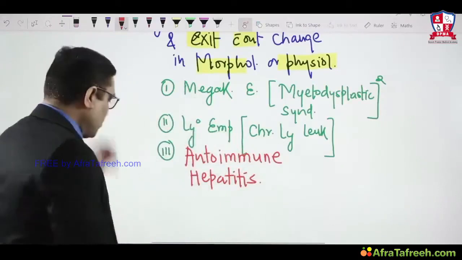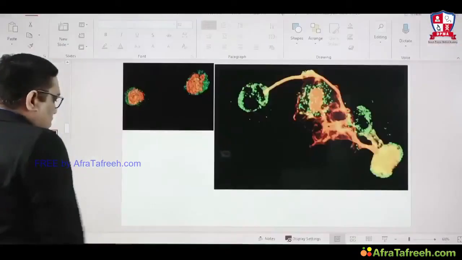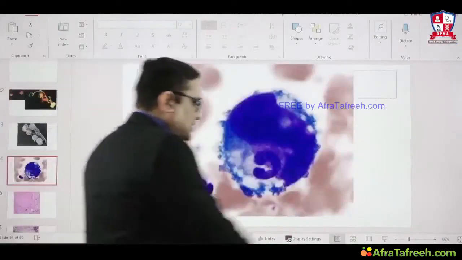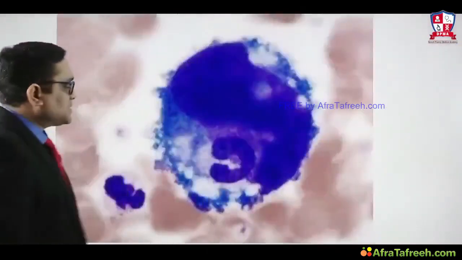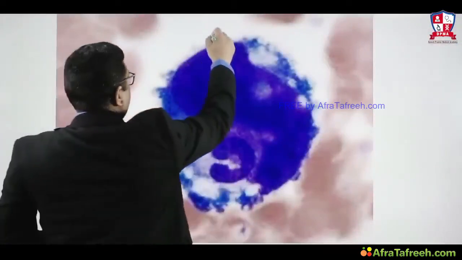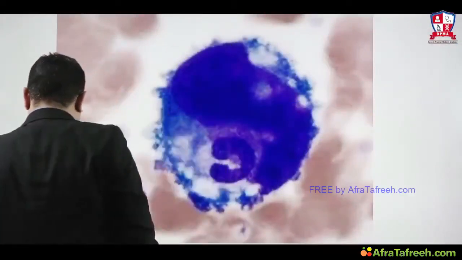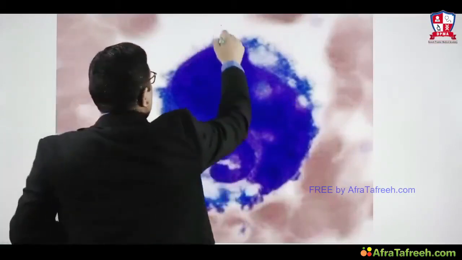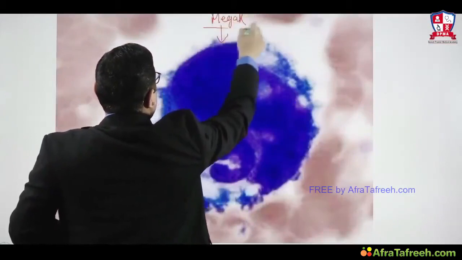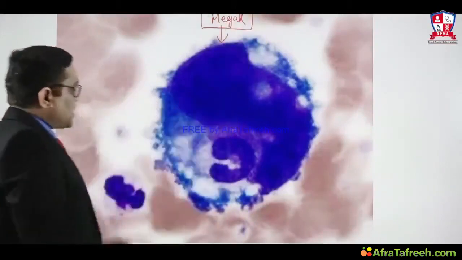So this is emperipolesis, and here I would like to show you the diagram of emperipolesis. Look at this picture which I am showing you. This is an important bone marrow aspirate, and here it is the megakaryocyte, right?